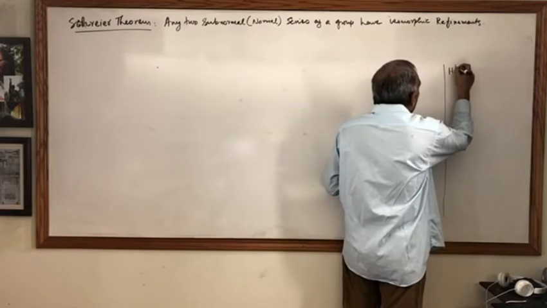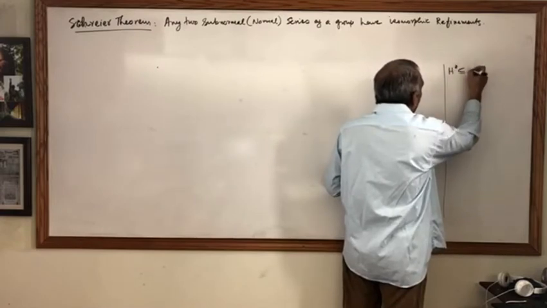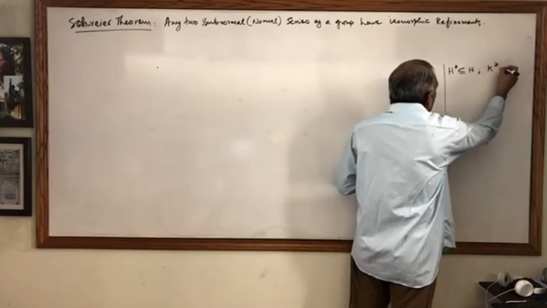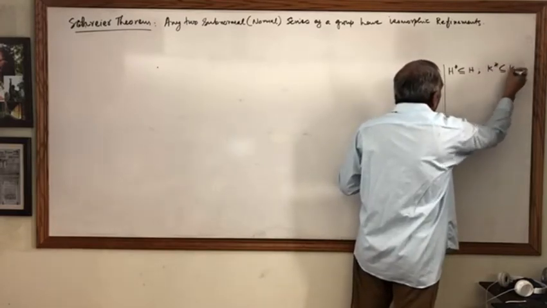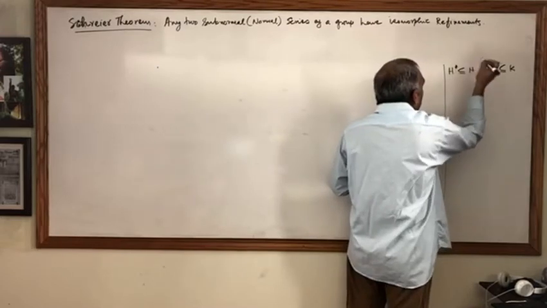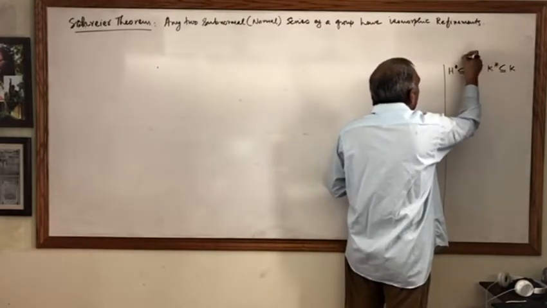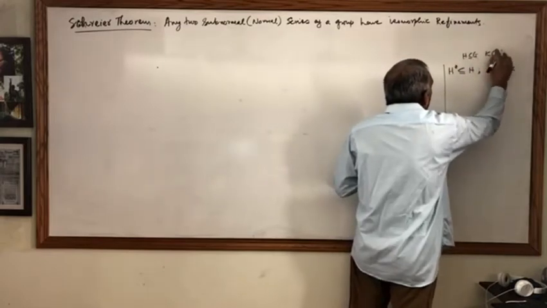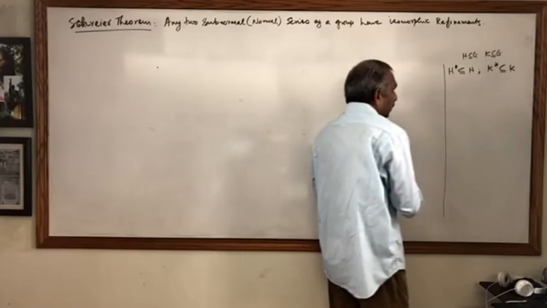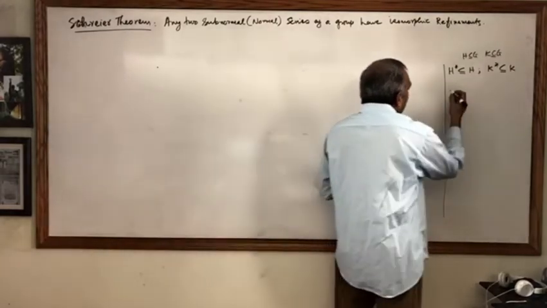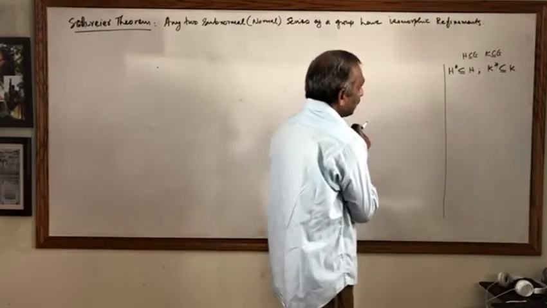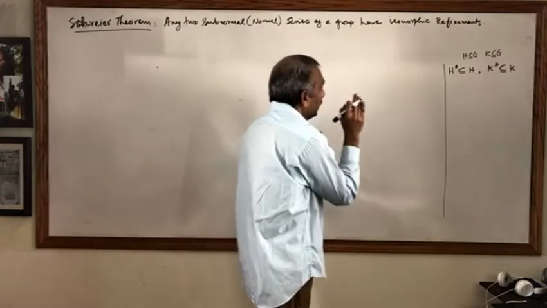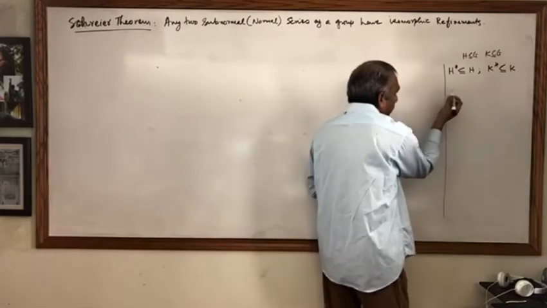H star is a normal subgroup of H, K star is a normal subgroup of K, where H and K are subgroups of a group G. Then the part of the butterfly lemma that we are going to use here is the fourth isomorphism result.